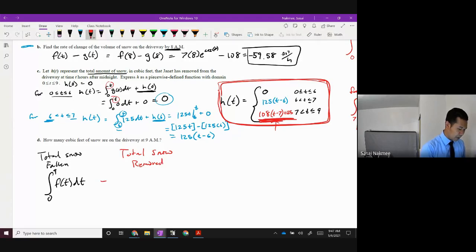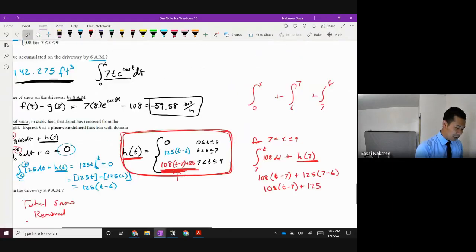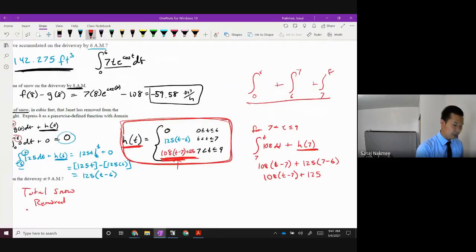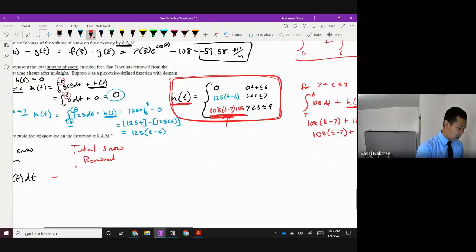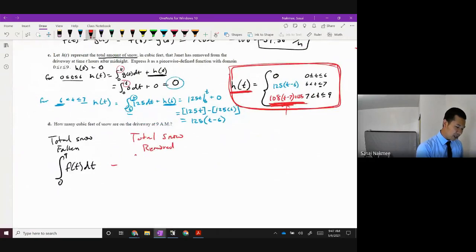The way we figure that out is, well, we already have this function right here. You could do the triple integral like I was trying to show you, from 0 to 6, 6 to 7, 7 to 9. Or realize we just wrote a function that does that for us at specific times. If I'm looking for the specific time at 9, I could just plug that in as h of 9. That's going to be it.